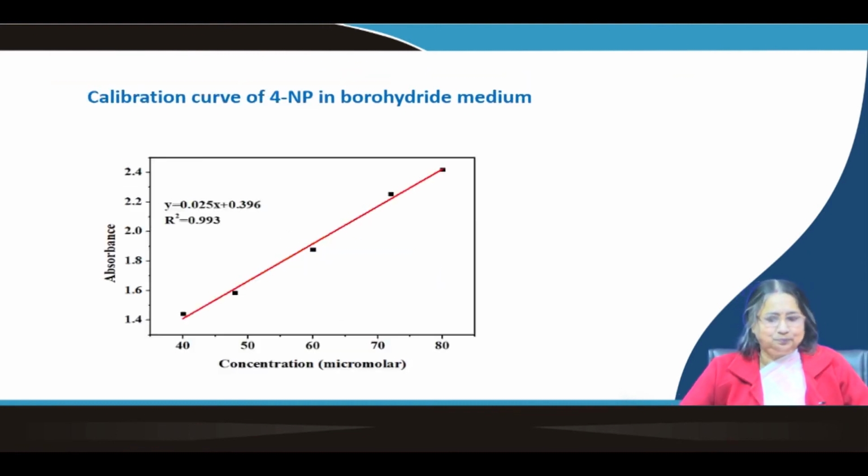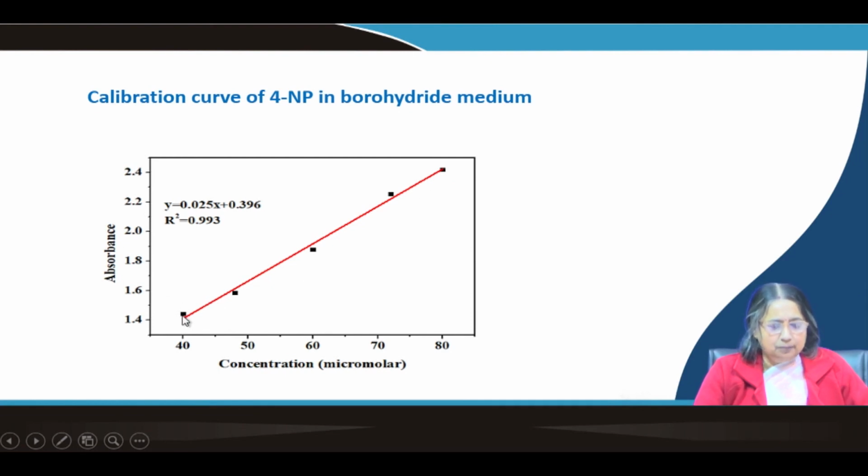Then what will we do? Before that, to know the concentration, I told you that we have to do a calibration curve. So, this is the calibration curve of 4-nitrophenol, actually 4-nitrophenolate in borohydride medium. You can see here absorbance values with different concentrations of 4-nitrophenol, and we plotted it to get a calibration curve.